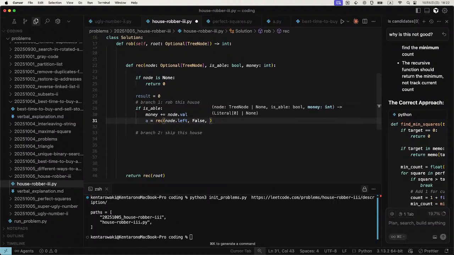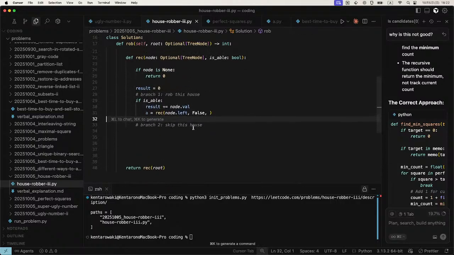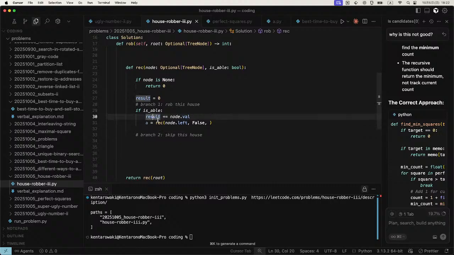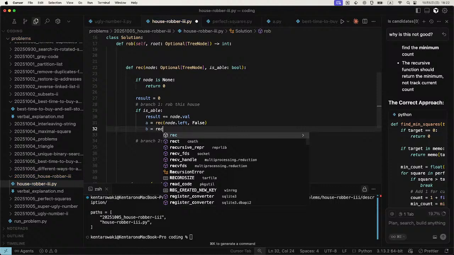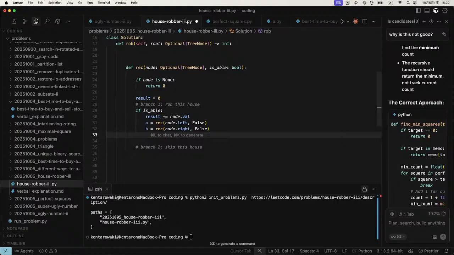So give false as a flag, and we don't have to give money because the money returns. Node right, false. Okay.